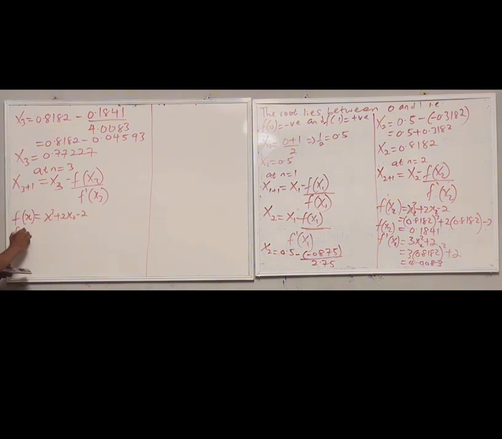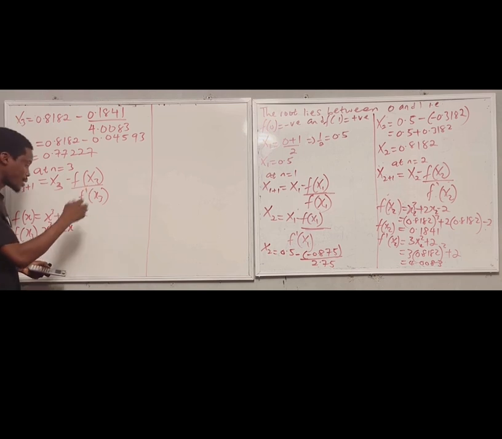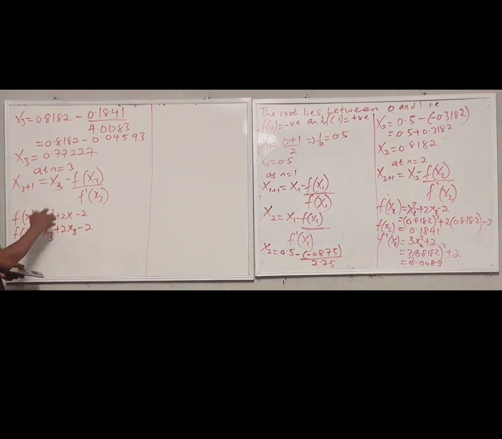So my f of S3, it means whenever I say x, I put S3. I'm going to have S3 raised to the power of 3 plus 2 S3 squared minus 2. So what is my S3 already? My S3 is 0.77227.